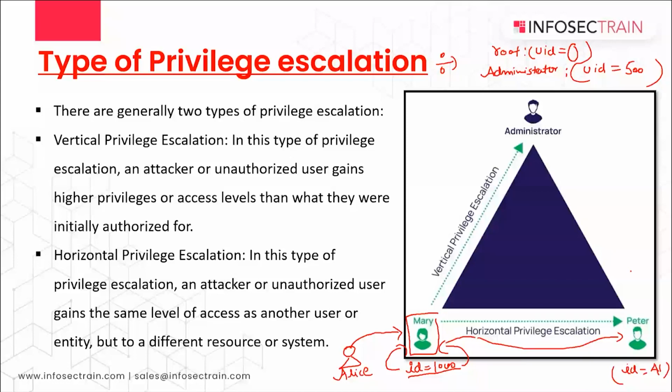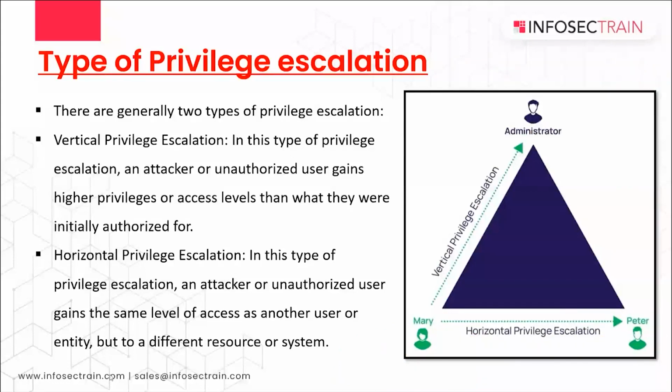So we were talking about the escalation. First you got the access as Mary, who had the ID 1000. Then you try to go with Peter. Peter had an ID like 41, with a different set of privileges and permissions. Then using, for example, Peter's account or Mary's account, you again try to hack and give yourself more and more permissions.